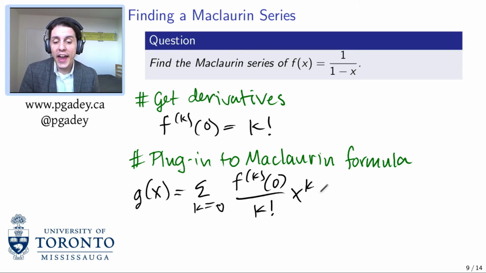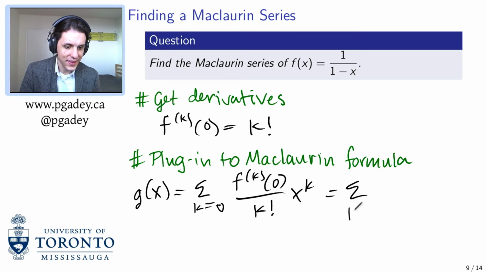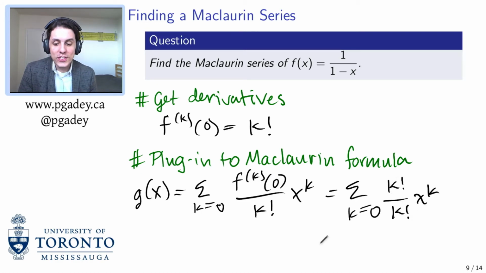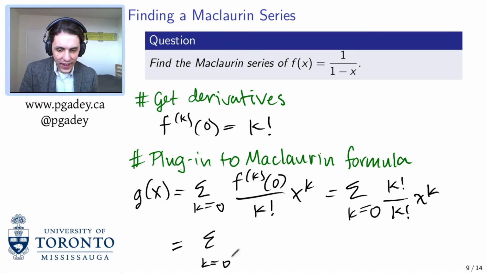So we have the values of that kth derivative. And notice that those cancel out. The k factorials cancel out, and we're left looking at this.